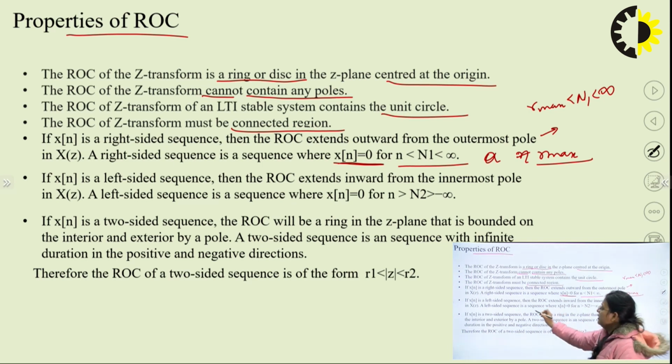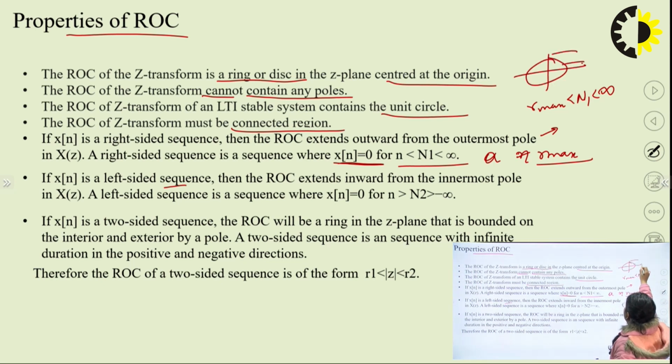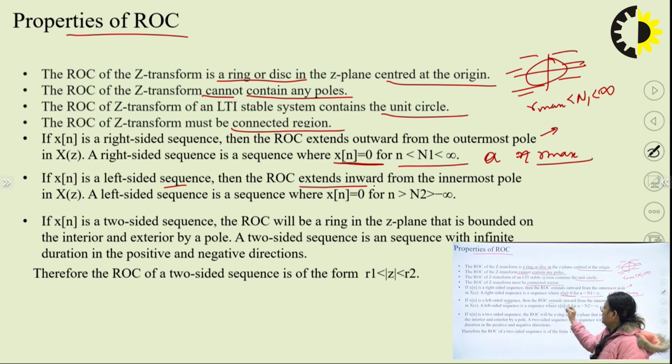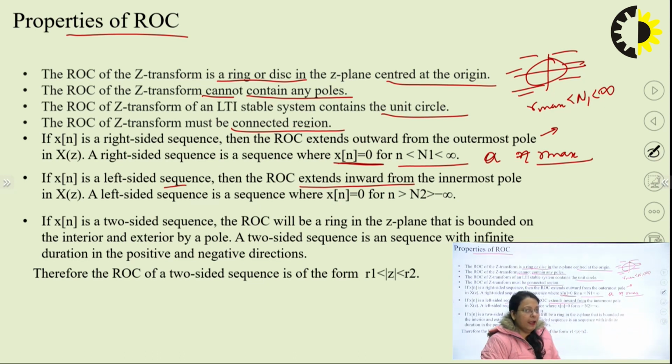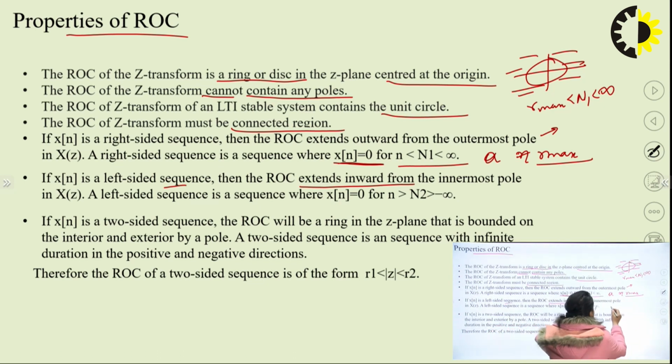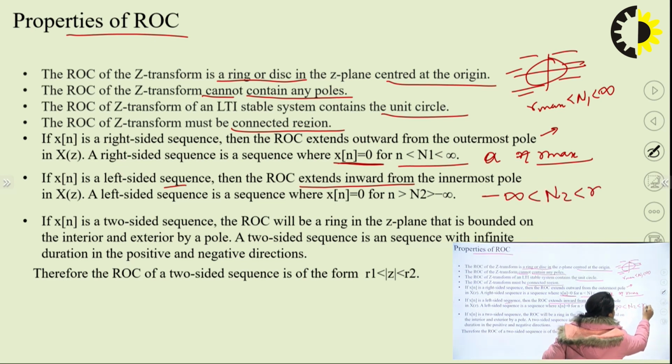For the left-sided sequence, the ROC will be inward, right? That means in a right-sided sequence the ROC will be outside of the circle, and in the case of a left-sided sequence, the ROC extends inward from the innermost pole of X(z), right? The ROC in this case will be from minus infinity to R minimum, or you can say inside R minimum.